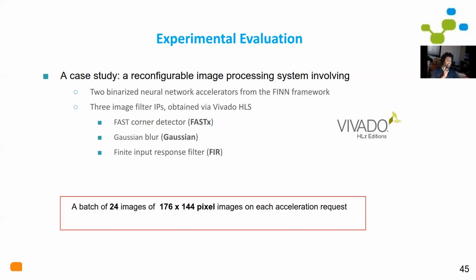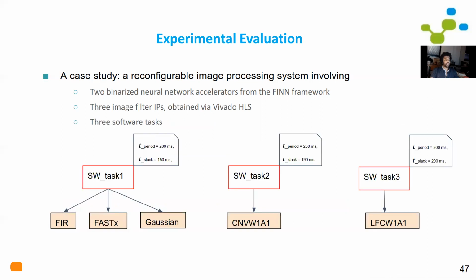They were FAST, the Gaussian, and the FIR filters with a batch size of 24 images of 176 by 144 pixels on each acceleration request. The software part of the case study also involved 3 software tasks, each having their own timing requirements and each associated with a specific hardware accelerator.